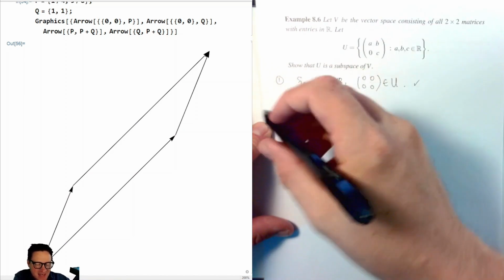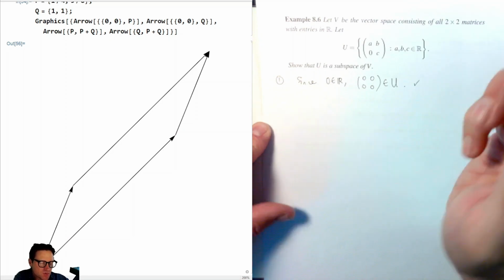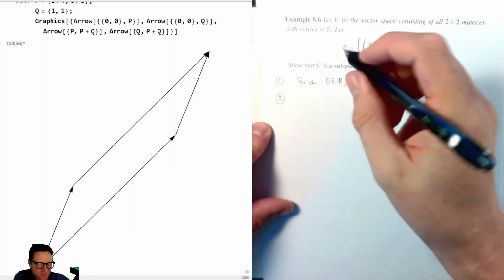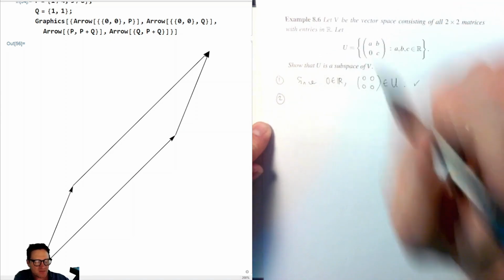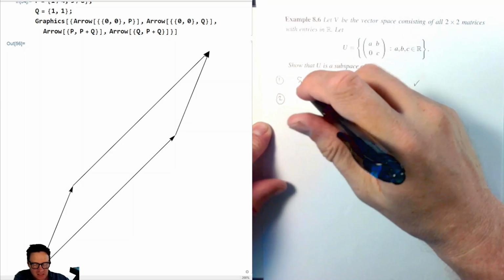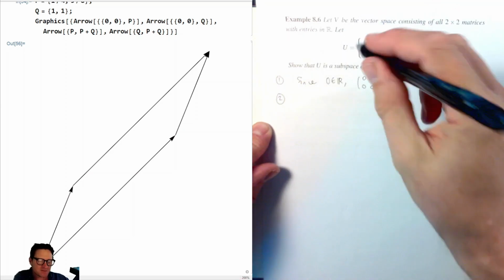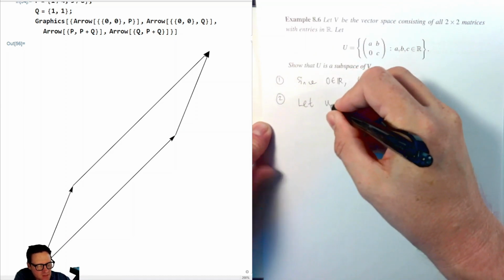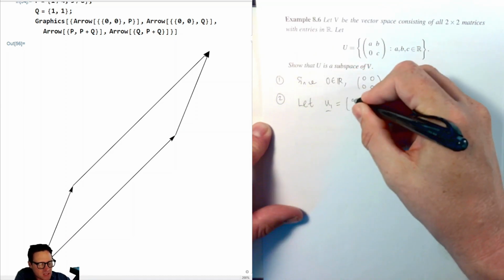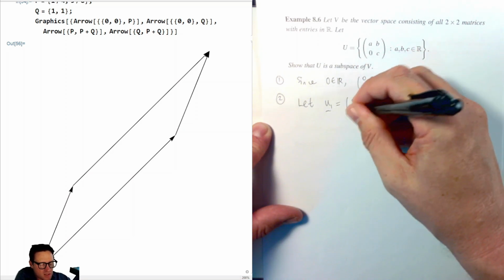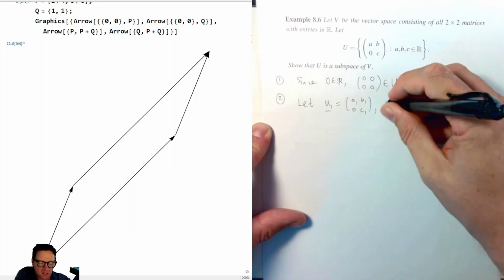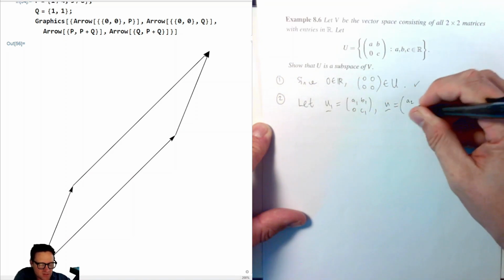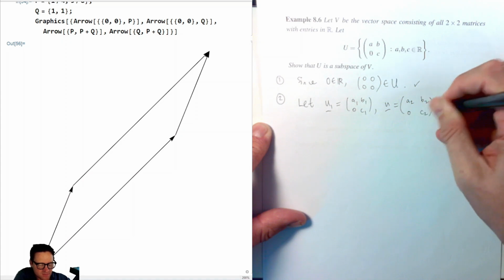Now let's move on to the second condition of theorem 20. So what we need to do now is take two arbitrary elements of this set U and show that their sum is an element of the set U also. So we'll say let U1 be equal to the matrix A1, B1, 0, C1, and U2 be equal to A2, B2, 0, C2.